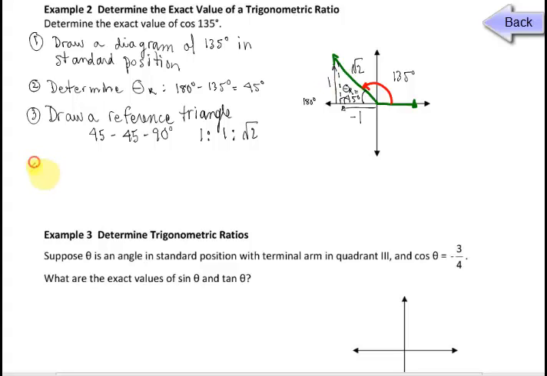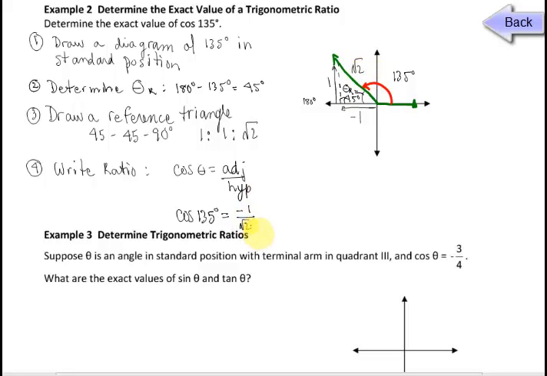Okay, and now we can write our ratio. We know that cos of theta is equal to adjacent over hypotenuse, and so cos of 135 degrees is equal to our adjacent side, which is -1, over our hypotenuse, which is root 2.